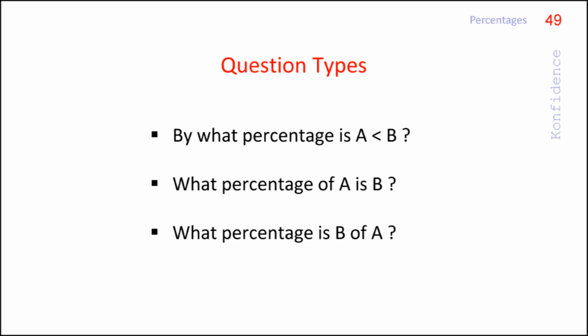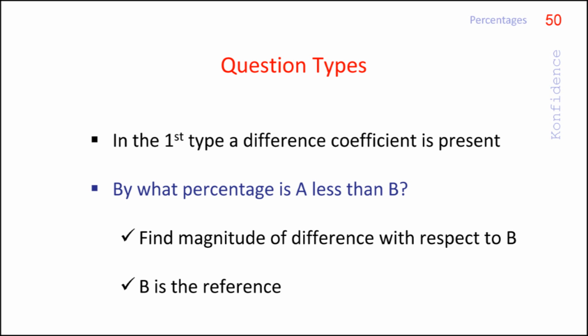The second and the third type have been dealt with extensively till now. Let us have a look at the first type. In the first type of questions, there is a difference quotient attached to it. Let us examine that in detail. By what percentage is A less than B?